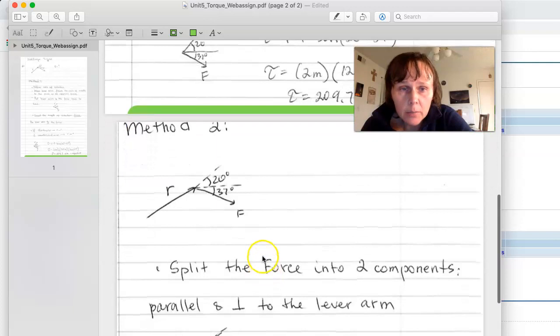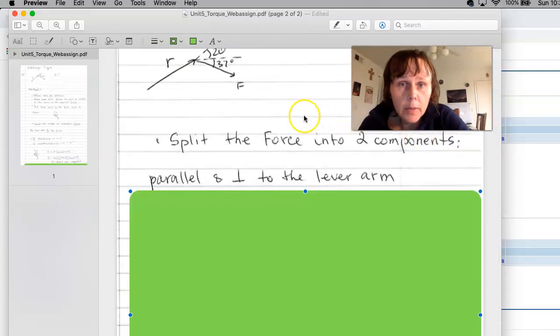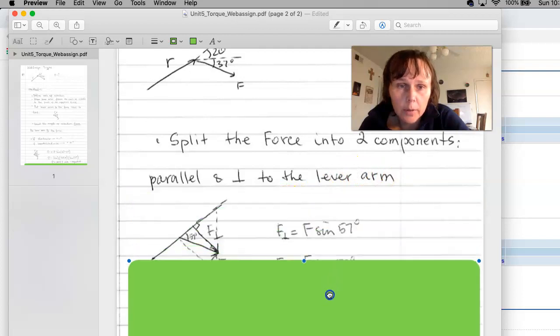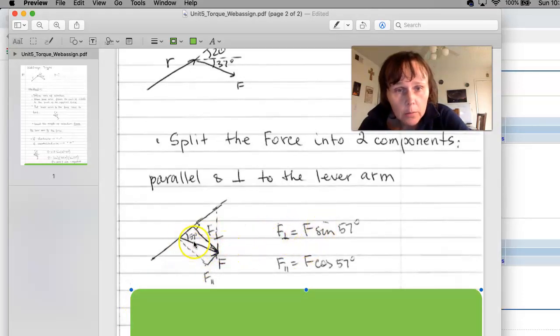However, there is a second method you can use. And the second method involves splitting the force into two components, parallel and perpendicular to the lever arm. So in this case, when you have the vector of the force, you can, it's a freehand, sorry.